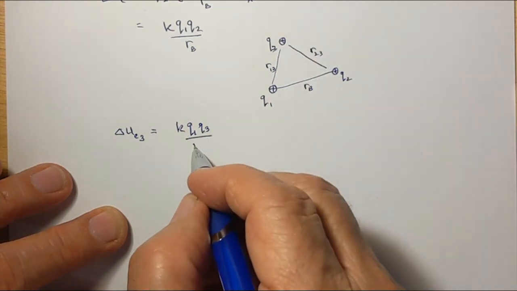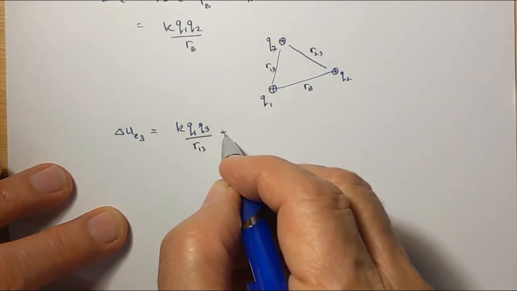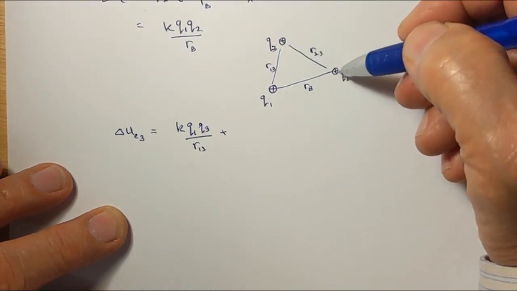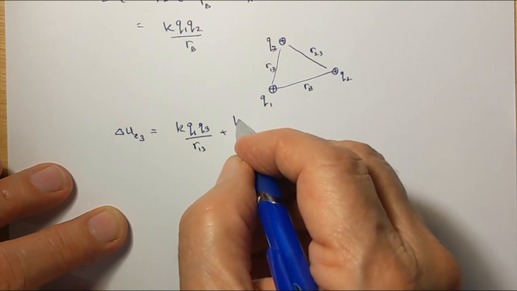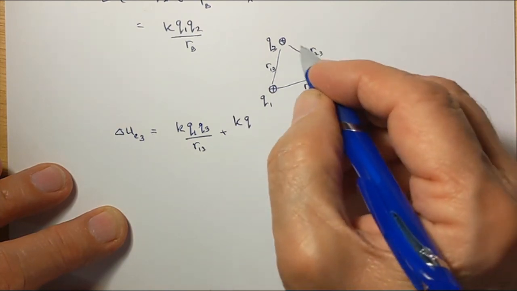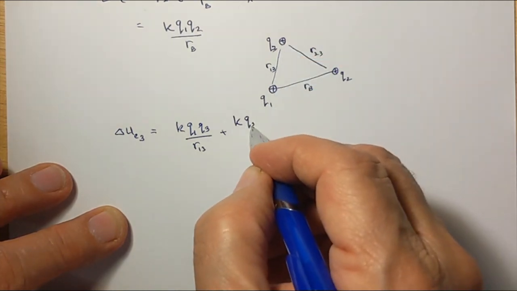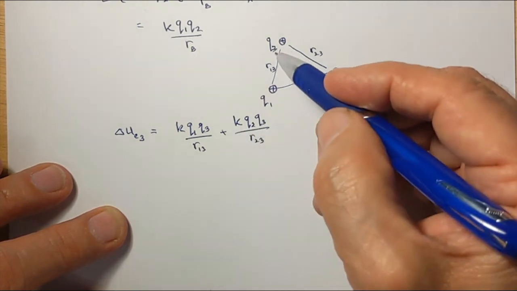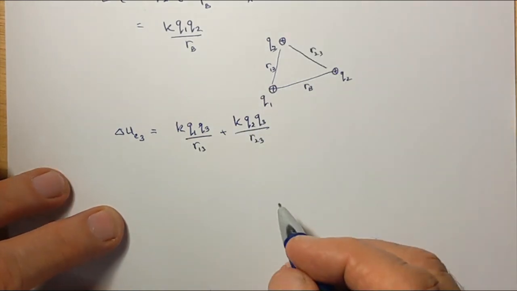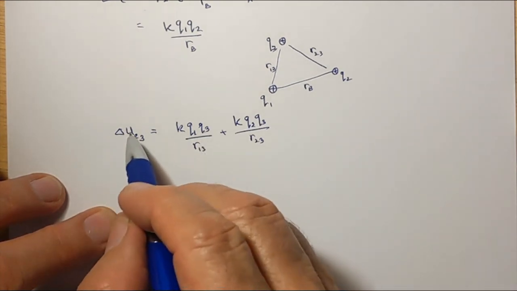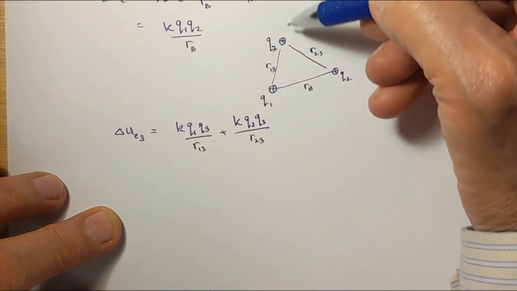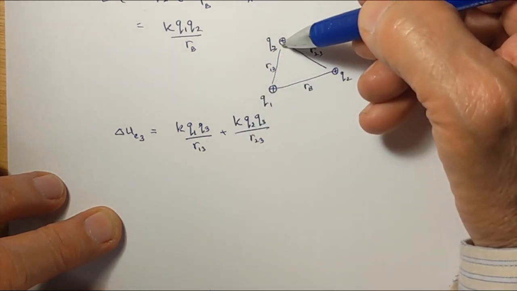So this will be over R13, and the work done to overcome the electric field due to Q2 is going to be K Q2 Q3 over R23. So 1,3 and 2,3. This will be the potential energy required or gained in bringing Q3 over here.